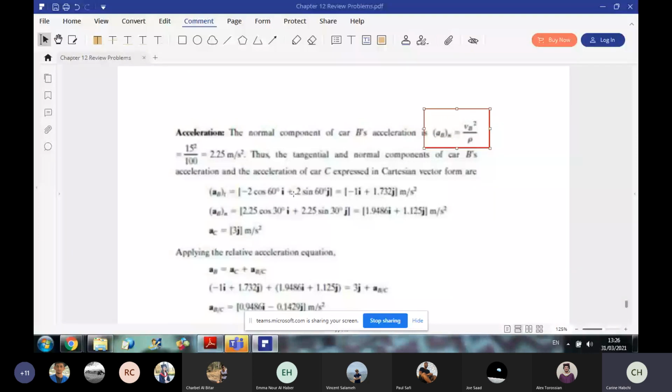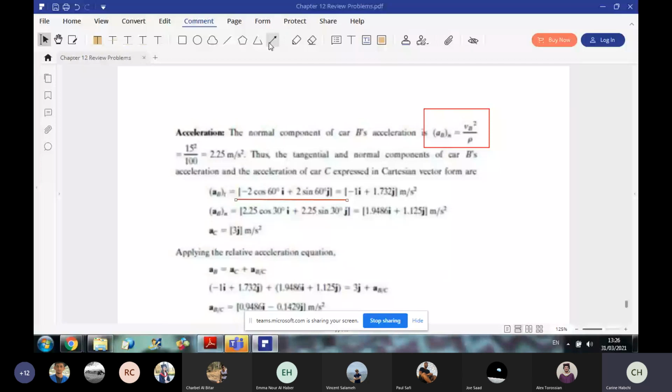And concerning the decomposition, we have AB tangential along ut, but negative ut because it's opposing the velocity. This is why AB tangential is minus 2 ut, and since ut is cosine 60 i minus sine 60 j, then AB tangential will be minus 2 cosine 60 i plus 2 sine 60 j.